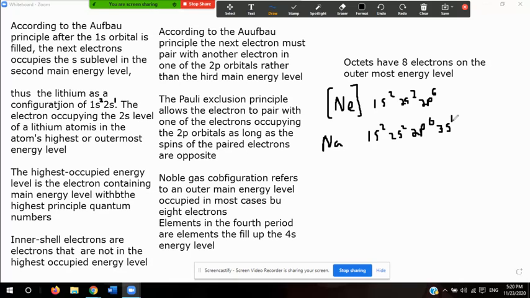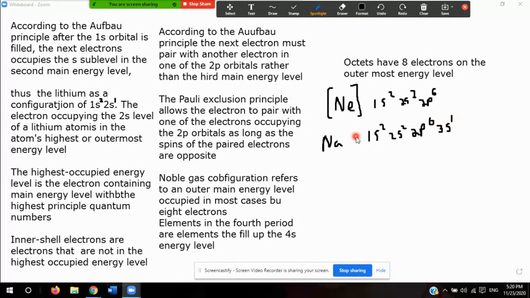Now, when we have noble gas notation, because neon's electron configuration, 1s2, 2s2, 2p6, is the same as sodium's, it's just that sodium is a third period element, so one electron has to occupy the 3s energy level.